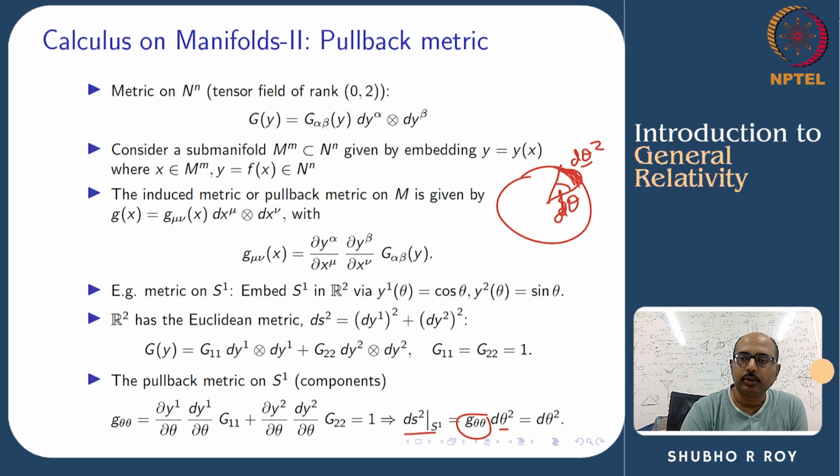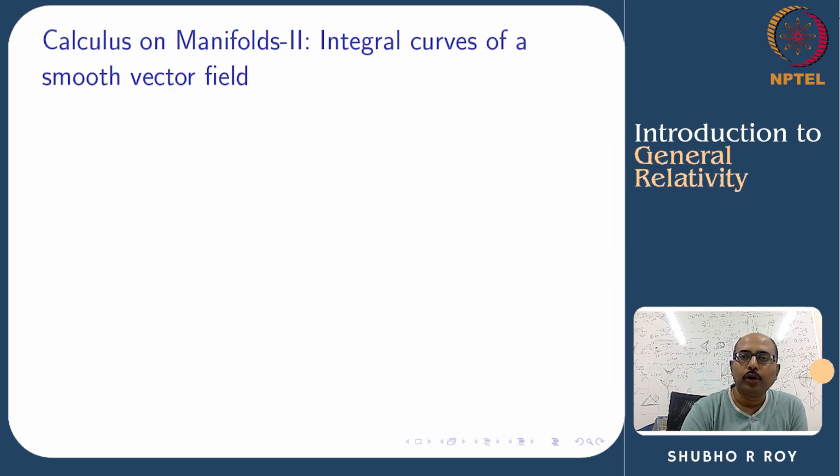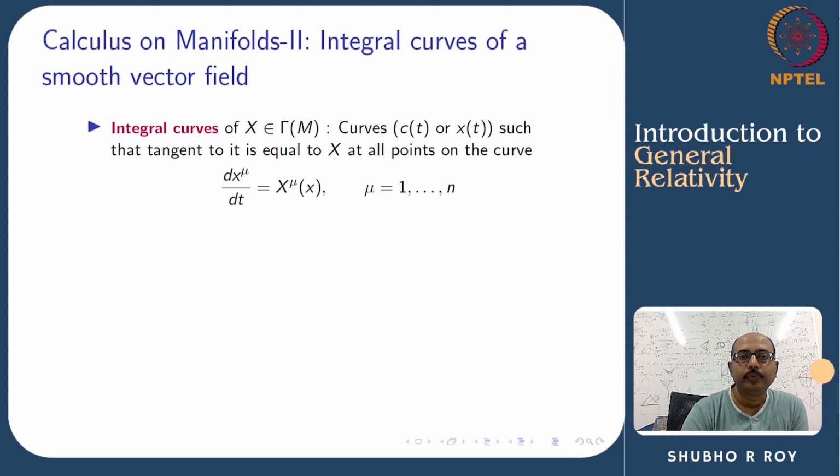All right, that concludes our discussion of induced maps, and we move on to the next topic, which is the notion of an integral curve, or integral curves, of a smooth vector field. So basically the idea is that we have a smooth vector field X, which means the components of the vector X are functions of the coordinates of the point at which the vector is located, and they are smooth functions, meaning C infinity functions.